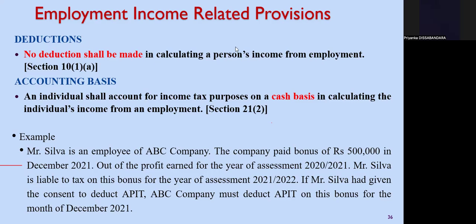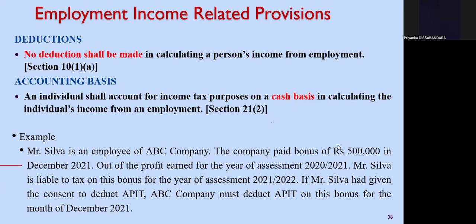The individual shall account for income tax purposes on a cash basis. Cash basis means if we receive that amount during this period, we have to tax it during this period. For example, Mr. Silva is an employee of ABC company. The company paid a bonus of rupees 500,000 in December 2021 out of the profit earned for the year of assessment 2021. 2021 means April 2020 to March 2021.